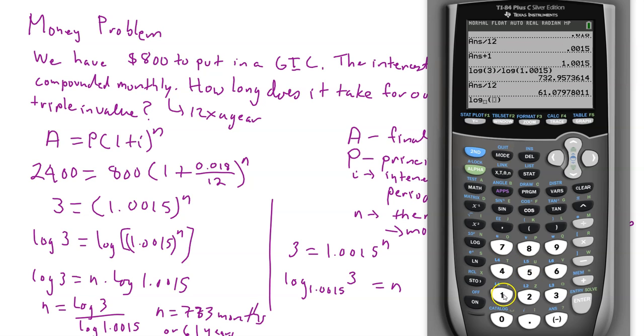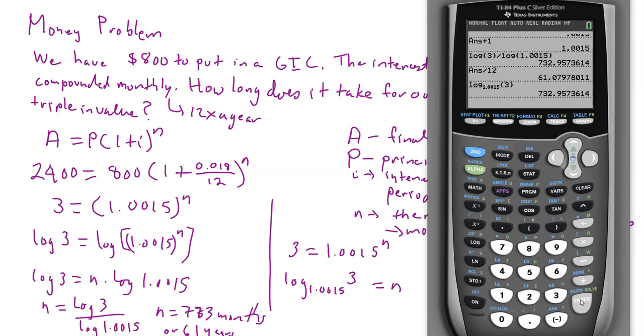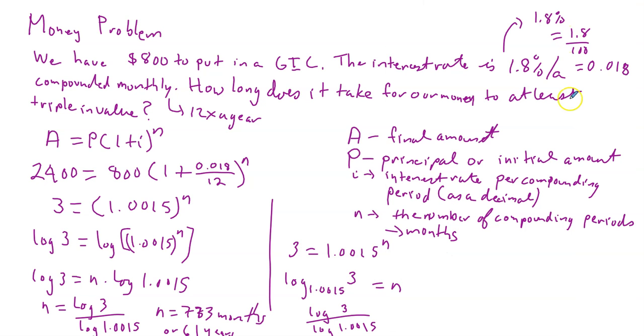Okay, and now we can put in the base, 1.0015, and then we arrow over, we put in 3, we hit enter, and we get our 732.93. Okay, and we'll do a few more examples where I will show you log base. But if you don't have a calculator where you can do log base, then you just simply write this as the log of the value divided by the log of the base, and that's what we worked out up here. Okay, let's make the calculator disappear.